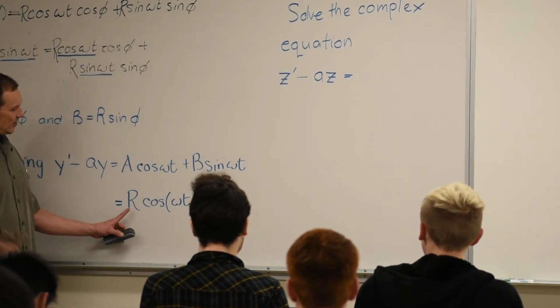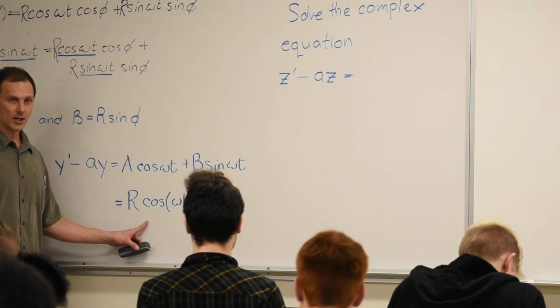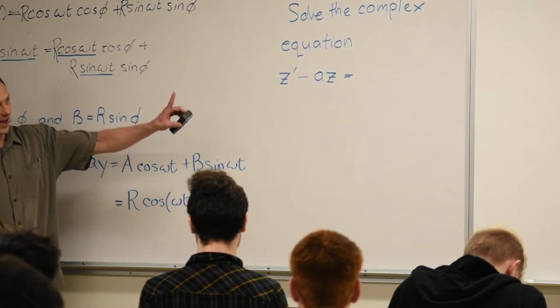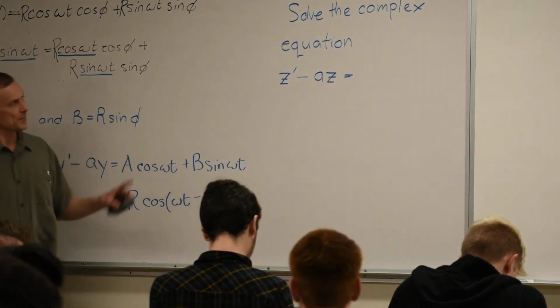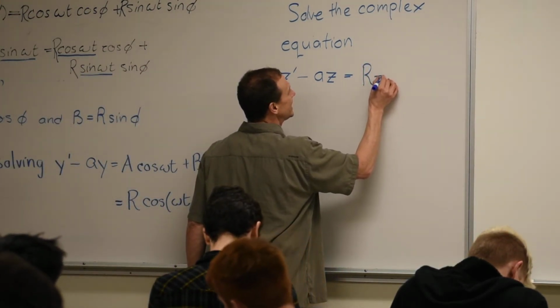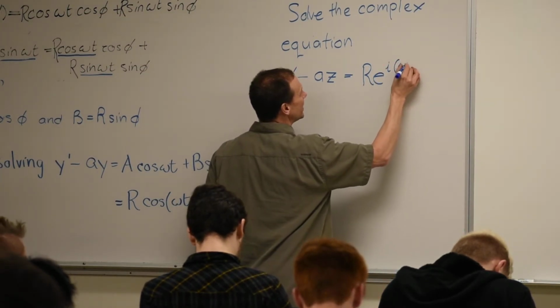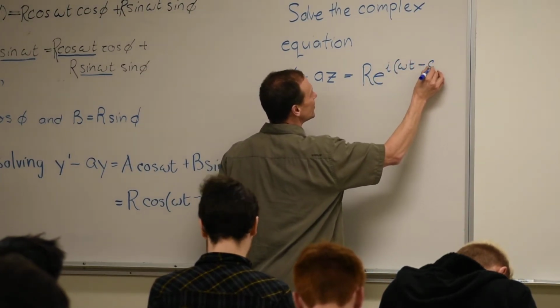But this piece right here is the real component of that exponential form that we said was capital R e to the i parentheses omega t minus phi.